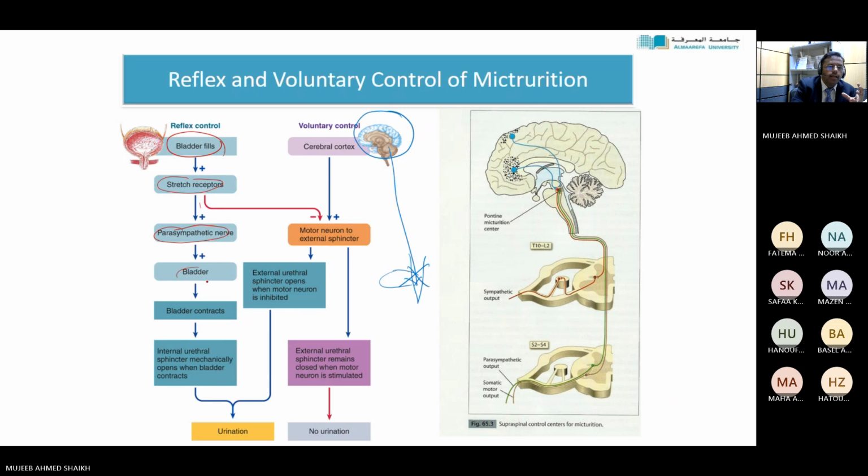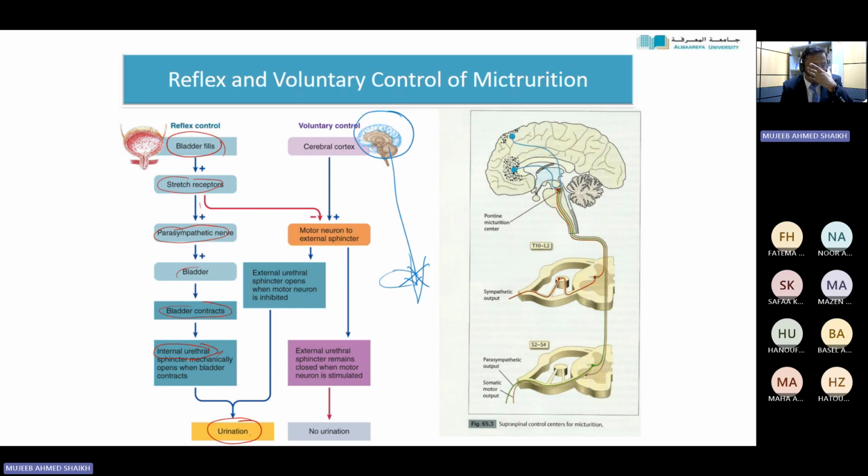Then, if the situation is suitable, the bladder will contract and the internal sphincter will relax and there will be urination. If the person is at home or in the bathroom, if the contractions become more, he will just relax the internal sphincter and there will be urination.